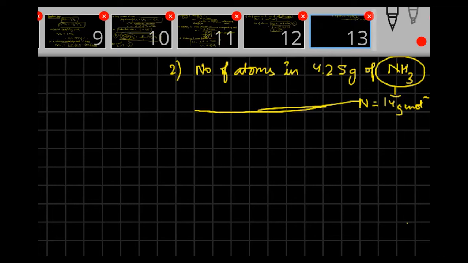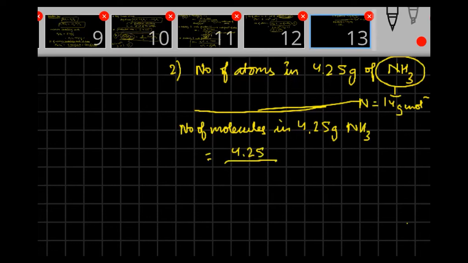See in this, the number of atoms, first of all, the number of molecules. So if at all I'm calculating the number of molecules in this 4.25 grams of ammonia, this will be 4.25 divided by 17 into 6 into 10 to the power of 23, because they have given us weight, first we have to convert it into moles.